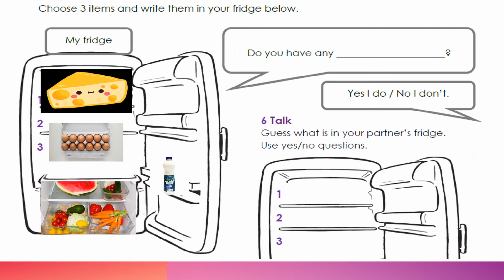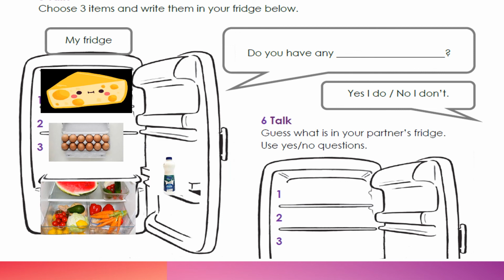Now, look at the food items that I have chosen and put them in my fridge. Now, we have to practice together asking and answering this question. Do you have any burgers? No, I don't. Do you have any cheese? Yes, I do. Do you have any meat? No, I don't.